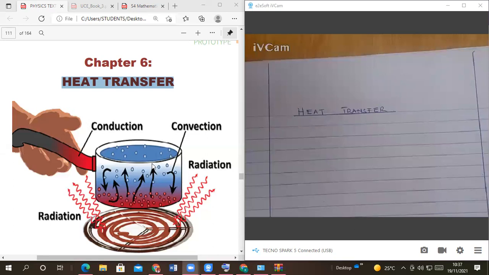Okay, so now let me give you another scenario. Suppose you get a metallic bar, and you put it where this fire is and you hold it there. What will happen after some time? It will turn red hot. And you remain touching it like this.